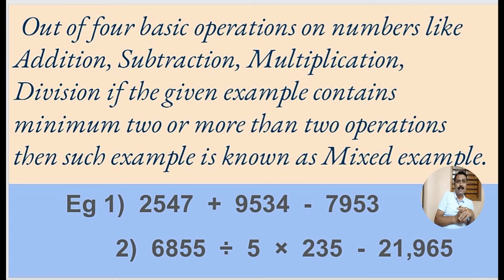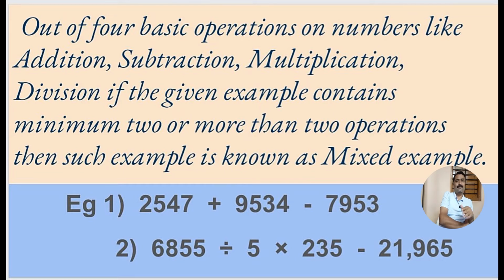Let's observe the second example that I am putting: 6855 divided by 5, multiplied by 235 minus 21965. If you observe this second example, in it we combine three different operations. First is division, second is multiplication, and third is subtraction.